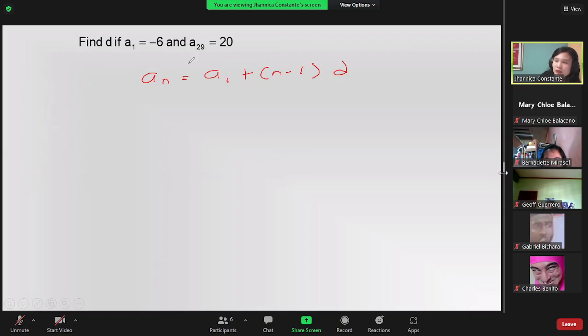The value of an is equal to 20. That's the 29th term. The first term is equal to -6. And the value of n is 29. So 29 minus 1 times the common difference that we need to solve. So 20 equals -6 plus 28d.